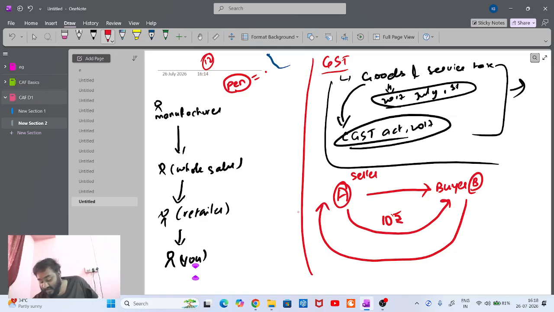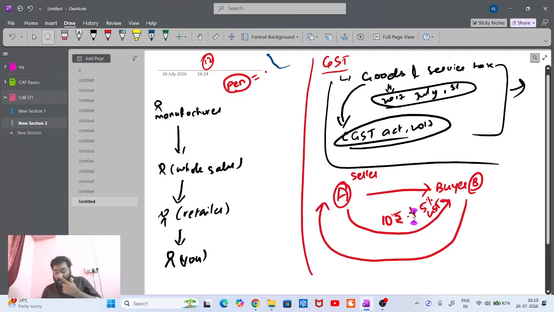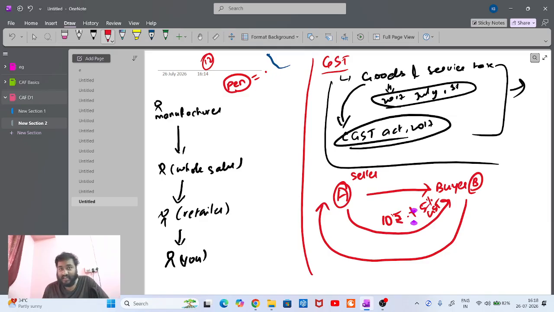For example, if the seller says 10 rupees plus 5% GST. GST is an indirect tax. There are certain rates for GST. The goods are categorized in those rates: 5, 12, 18, and so on. So whenever you go to a provisions store and he says 10 rupees plus 5% GST, what is it?